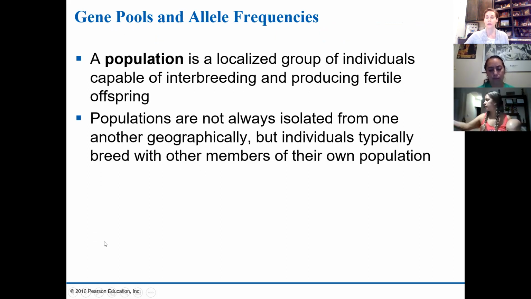So a population is considered a localized group of individuals that are able to interbreed with one another. And populations can be isolated in location, but not always necessarily.